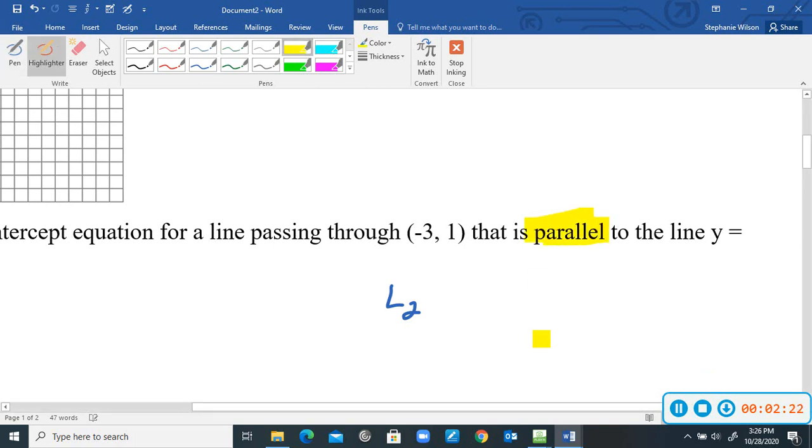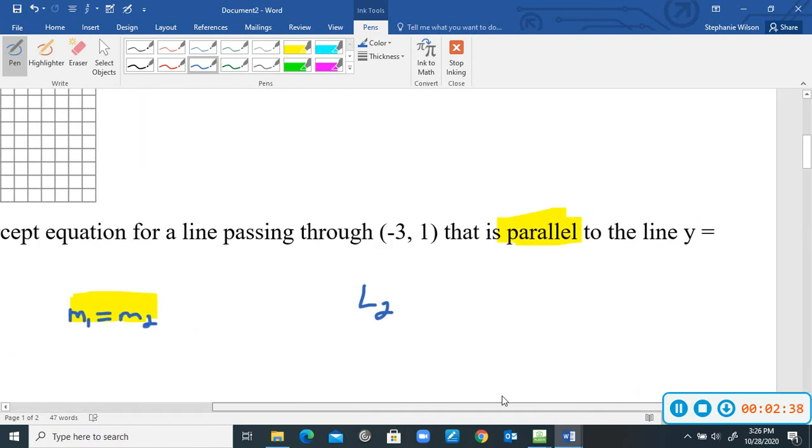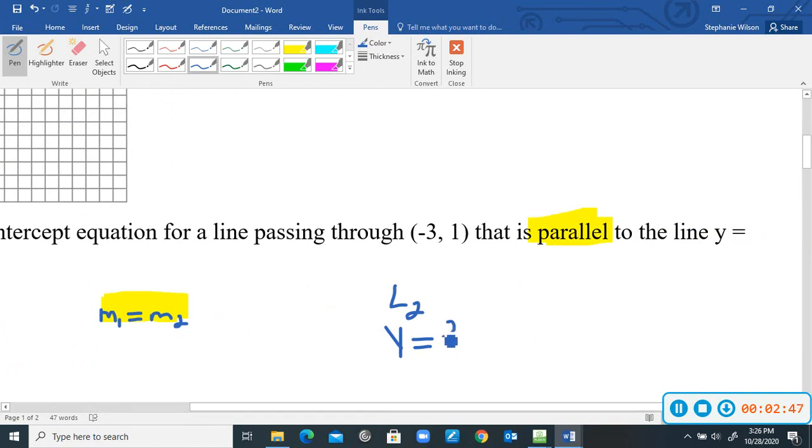Oh, wow. Okay, so in the middle right here, let's write my slope from line 1 is equal to my slope from line 2. Now, let's finish reading this out. It says my line 2 is going to be y is equal to 2/3 x plus 5.